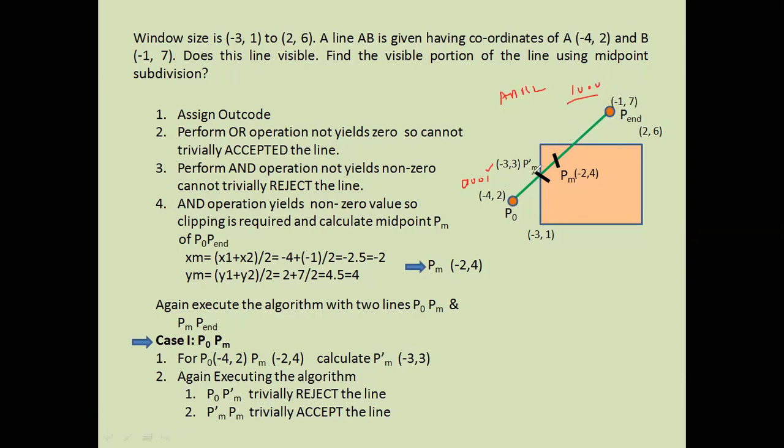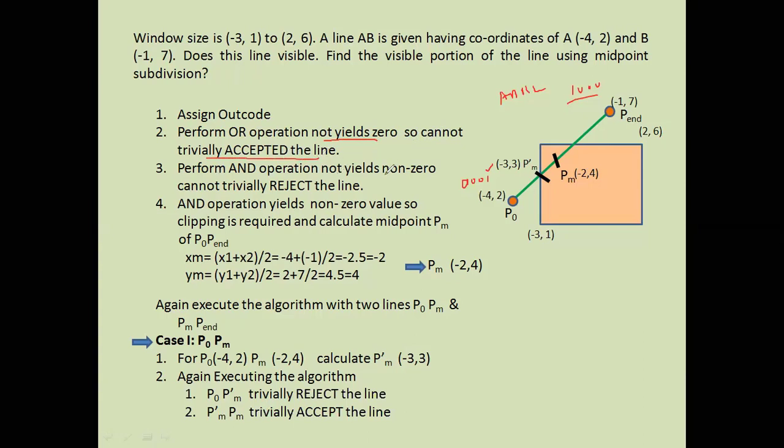I'm just coming directly to the calculation part, and with the help of the statements you can easily understand what it means. So assign the outcodes. Outcodes are assigned to these. Perform OR operation. When we perform OR operation between these two endpoints, it will not yield 0. If it had yielded 0, the complete line would be lying inside the visible region. So we cannot trivially accept the line. Okay, so perform AND operation.